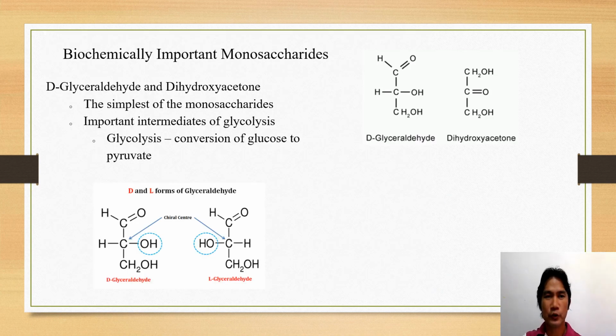This time we're going to encounter the biochemically important monosaccharides. There are several of them, namely D-glyceraldehyde and dihydroxyacetone, and they are considered as the simplest monosaccharides. We have seen the structure of D-glyceraldehyde and dihydroxyacetone.